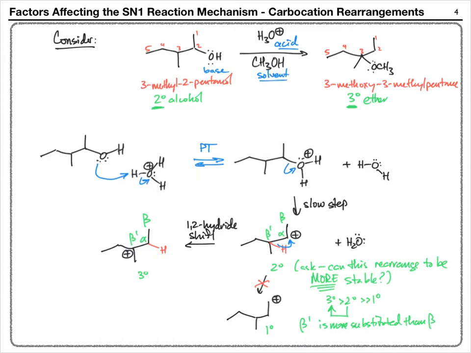So that does not occur. The reason that does not occur again is because you're secondary to begin with, and to go to primary would be going higher in energy on that reaction coordinate, and you're not necessarily going to do that. So if you're at secondary, you can drop down to tertiary because you're forming something more stable.